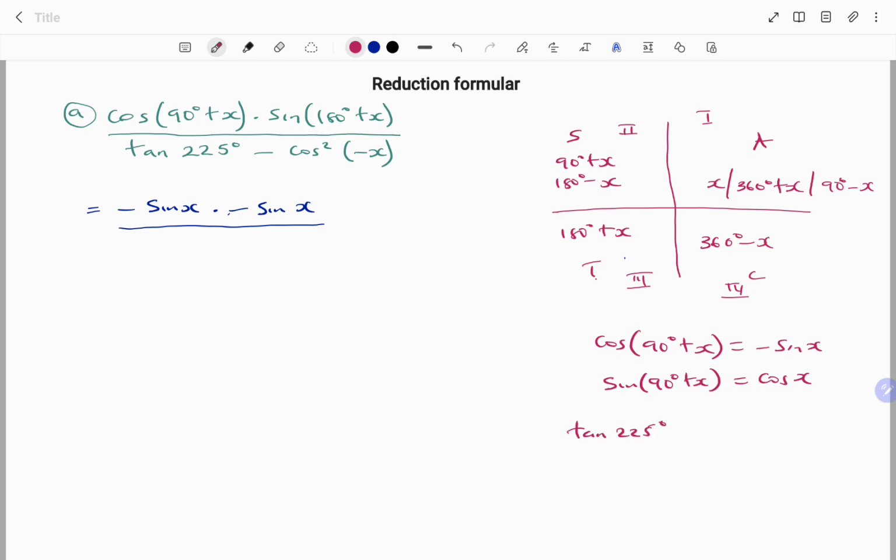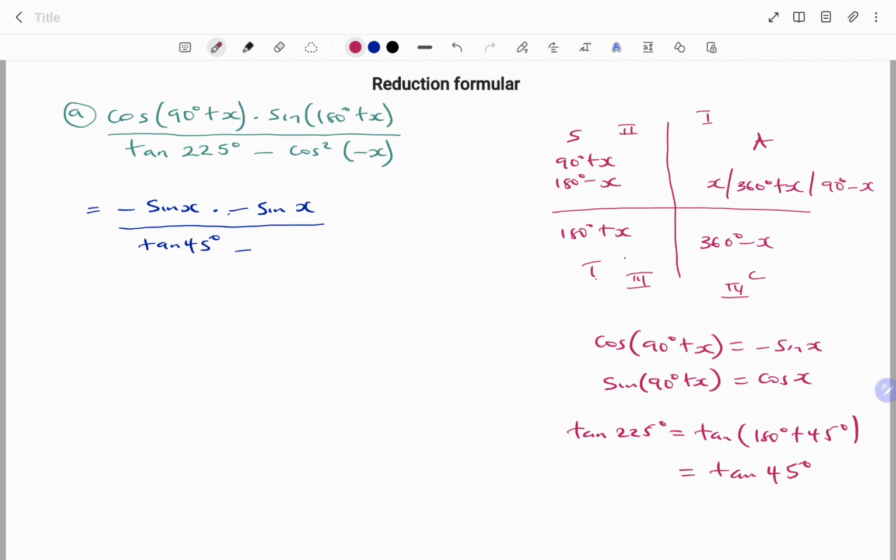225° falls in the third quadrant, so we are going to reduce that to tan(180° + 45°), because 180 plus 45 gives us 225, and if we further reduce that, that will give us positive tan 45°. So if we replace that in our example, we're going to have tan 45° minus cos² of a negative angle.